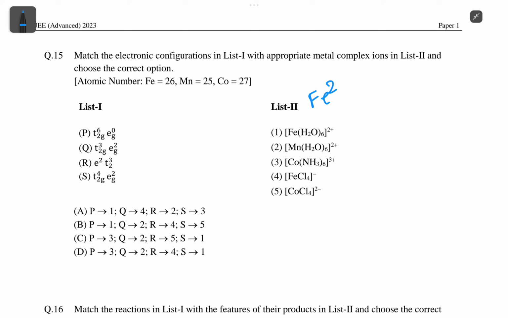So this is Fe2 plus, and for Fe2 plus we can write the configuration as Ar 3d6.